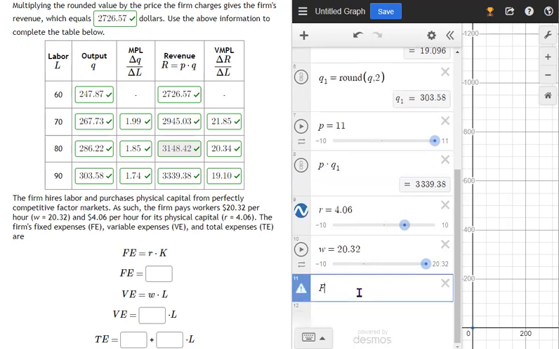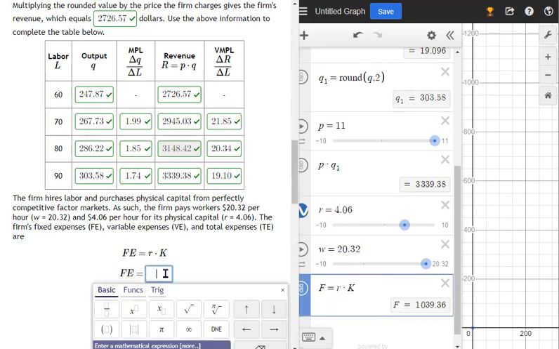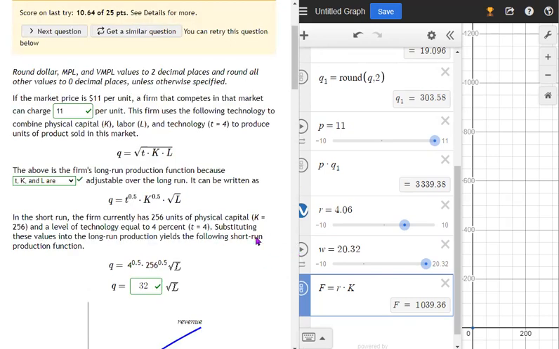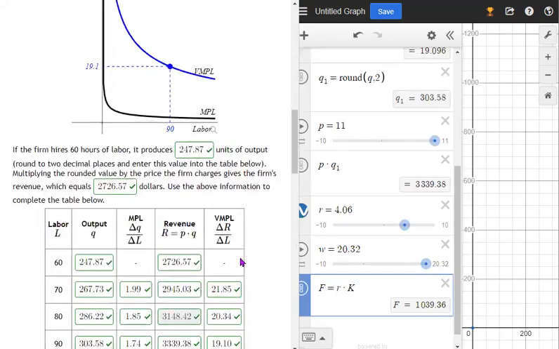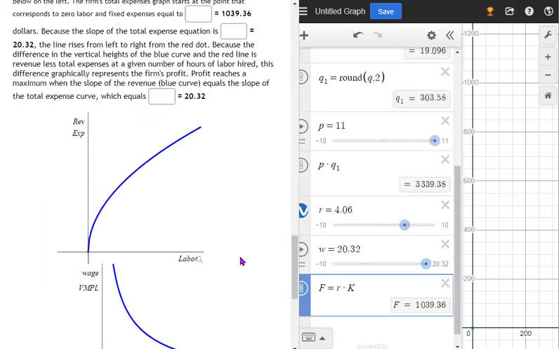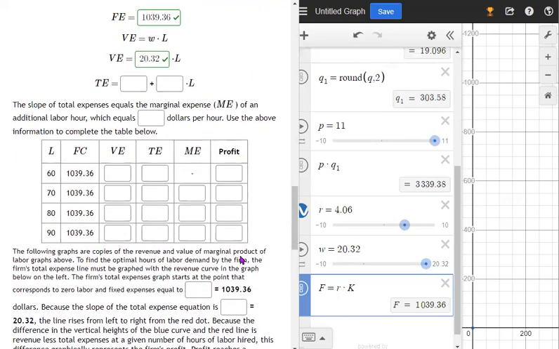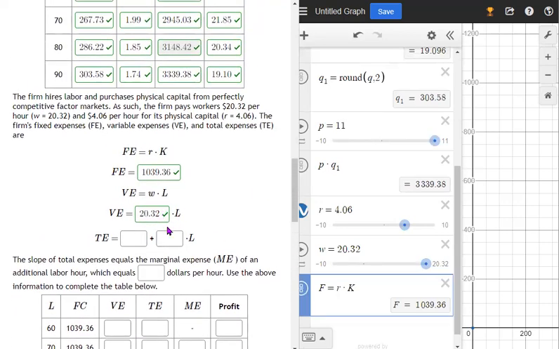The fixed expenses, I'll just call it F, equals R times K. Fixed expenses, R times K, is $1,039.36. The variable expense is just the wage rate, which is 20.32, times L, right?